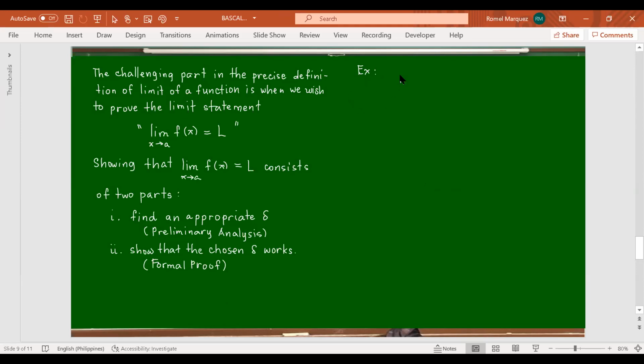Given that the limit of 3x minus 4 as x approaches, let's say, 3 is equal to 5.